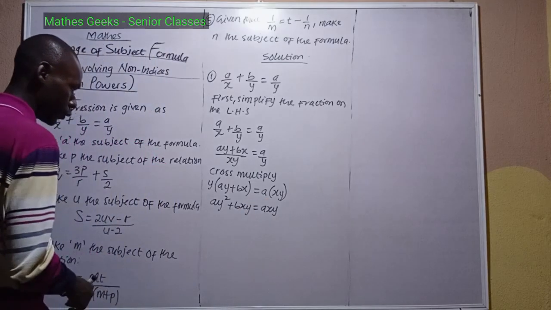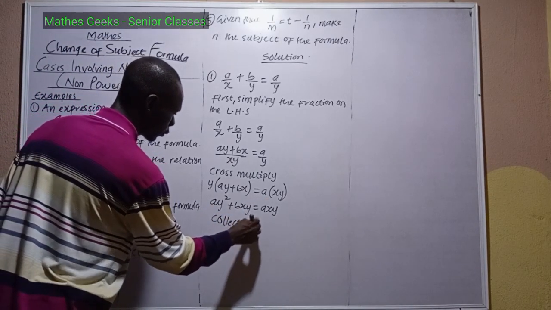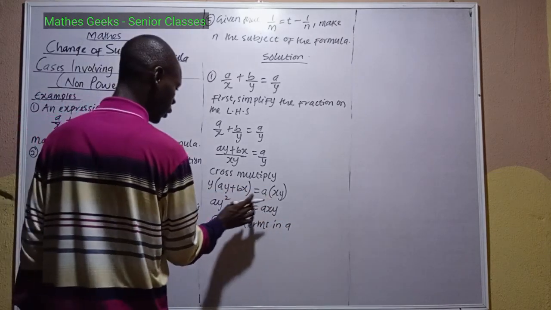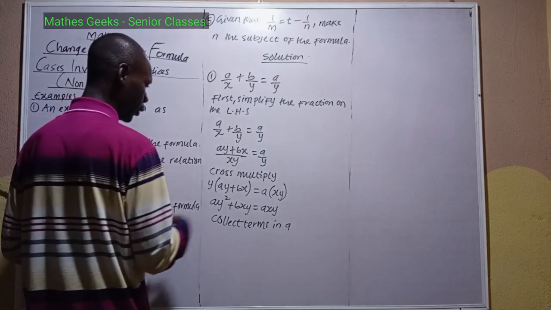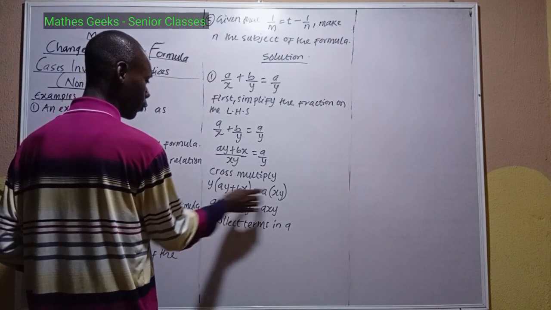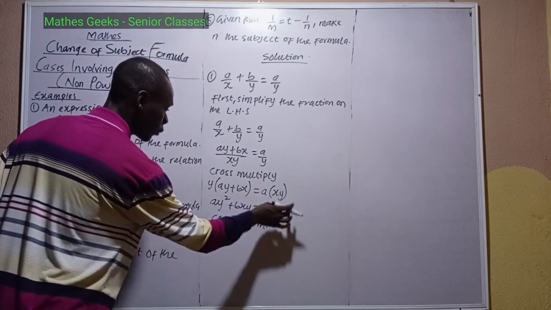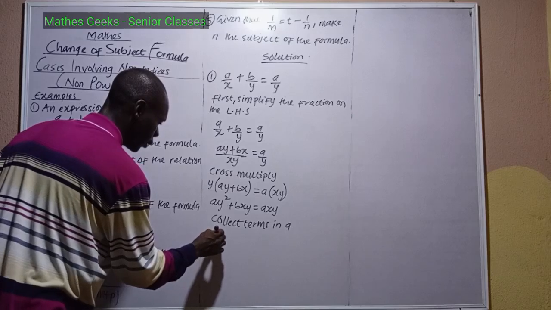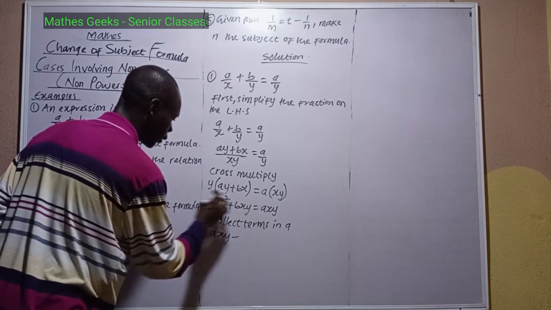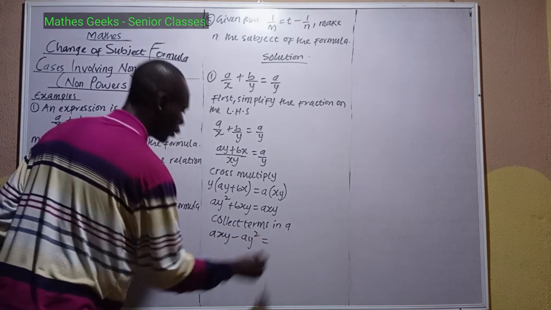Then we collect terms in P. PY squared must have moved to this side. So that means this PY squared will have to come to this side. Once it crosses this sign, it's going to be negative. EXY minus PY squared equals BXY.